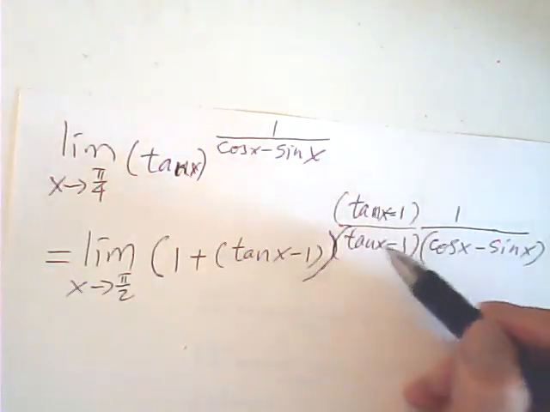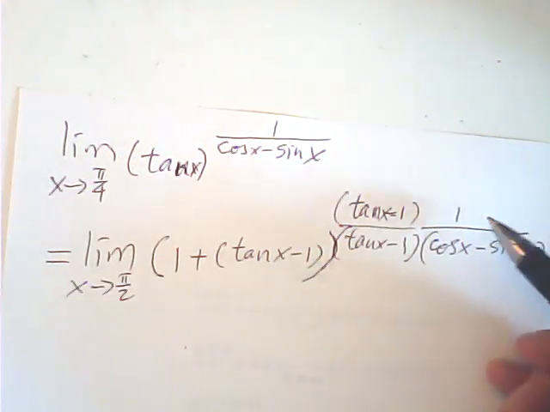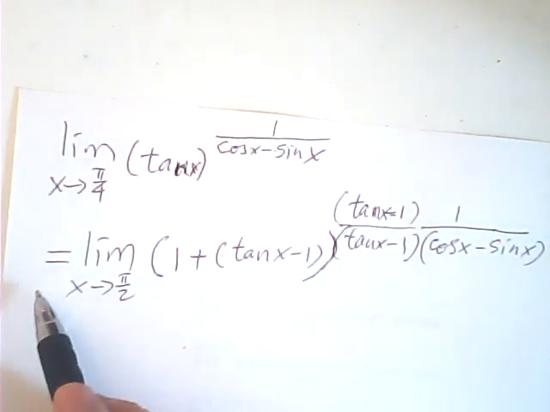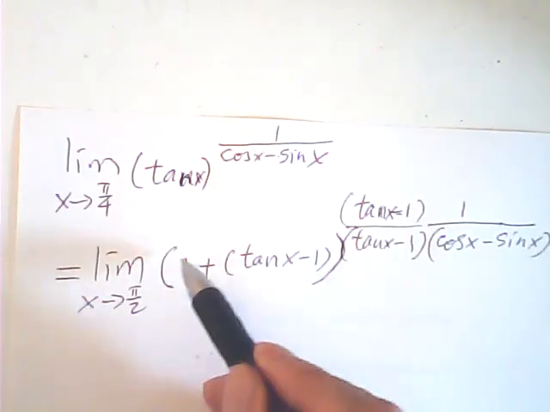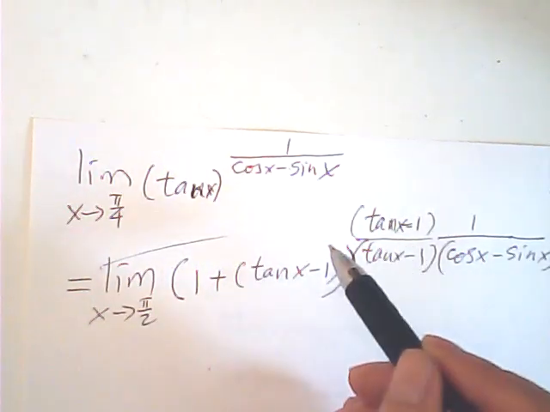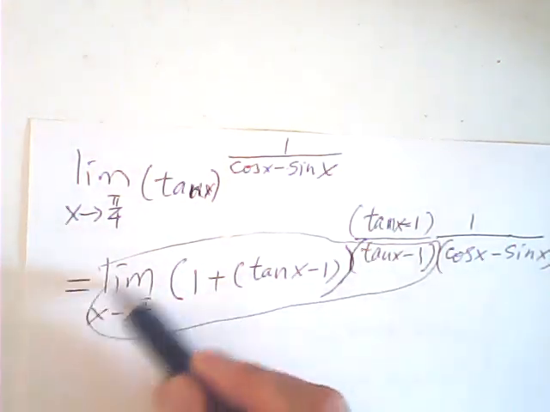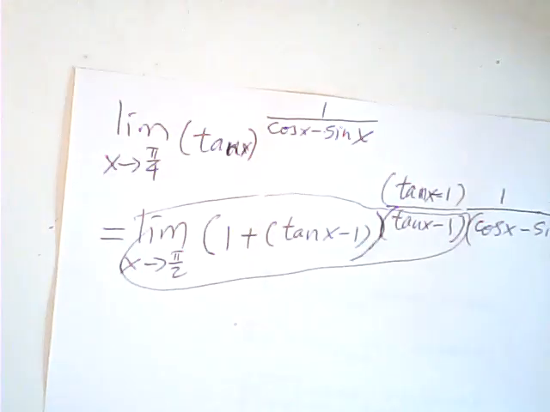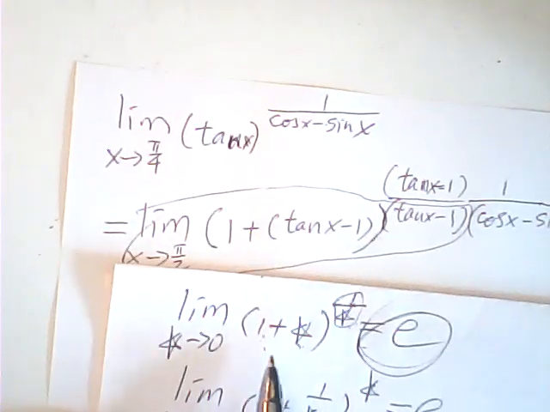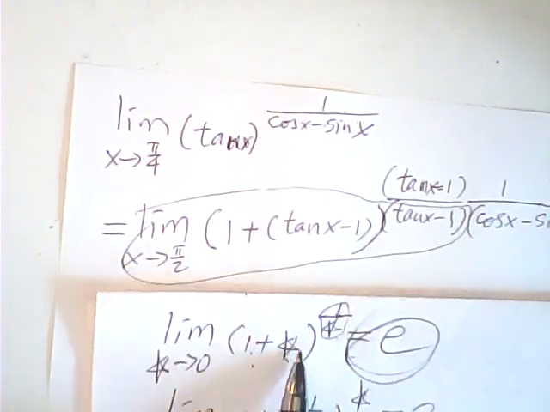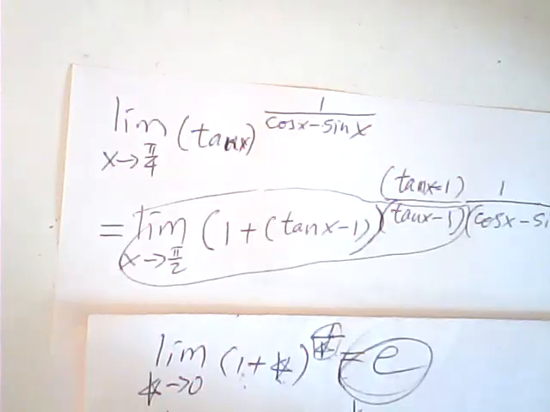Yeah. This one is 1. This one is there. So it's equal. But at the same time this gives me e, right? When this goes to 0.